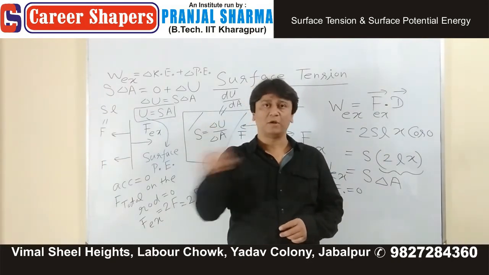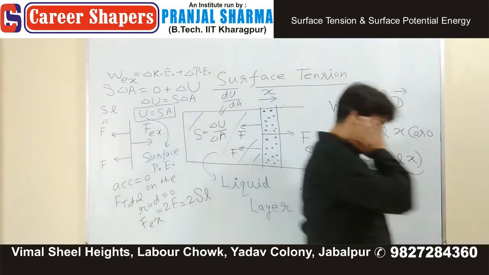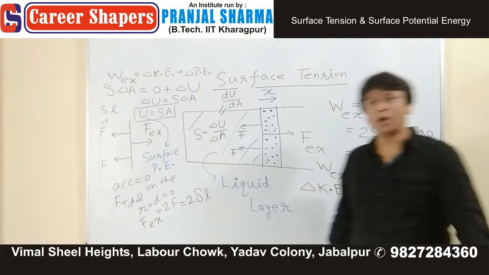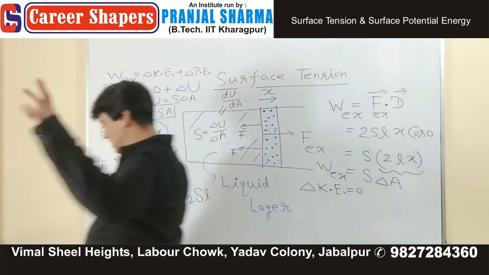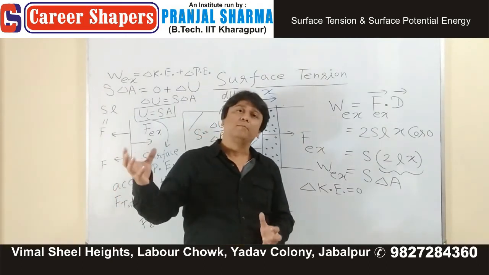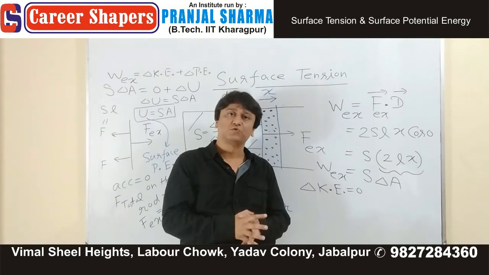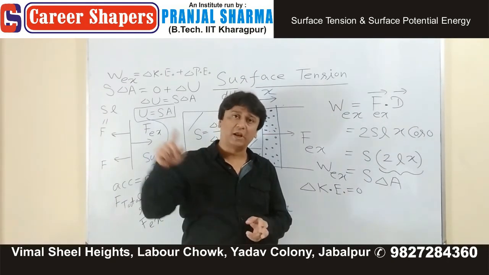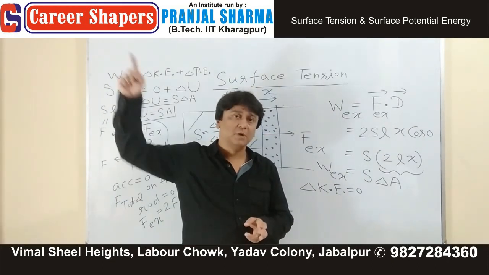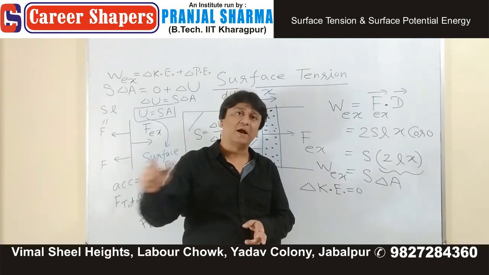What is the area of each? 1 times 1. That will give you 6. If you have 1 meter cube of water and you put it inside a cube, the surface area is 6. Now, entire volume of this 1 meter cube, put it inside a spherical shape whose radius is R. 4 by 3 pi r cube is 1. This will give you R. What is the surface area? 4 pi r square.